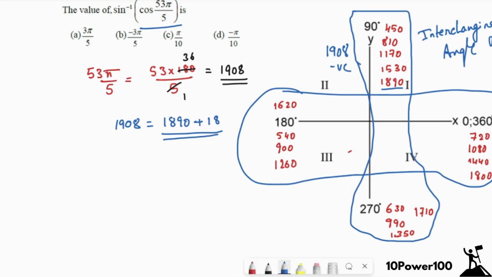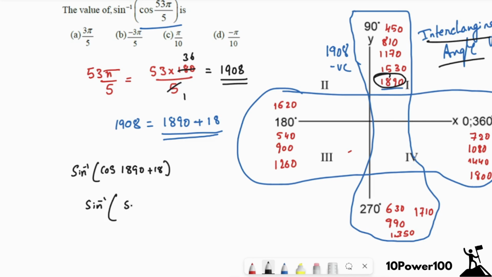Let's see a little further. We get sine inverse of cos of 1890 plus 18. I'm going to use degree measure only here. Observe, 1890 is here, so this is an interchanging angle, so cos will become sine. We get sine inverse of sine 18 degree.